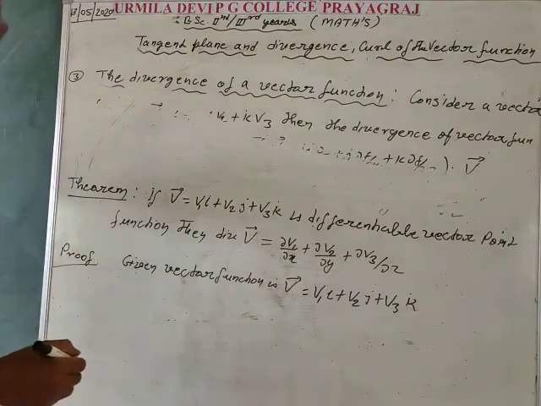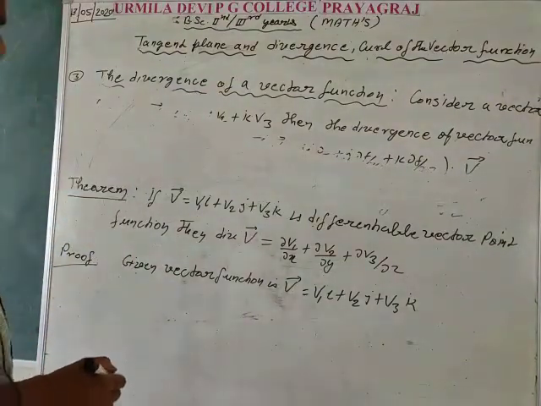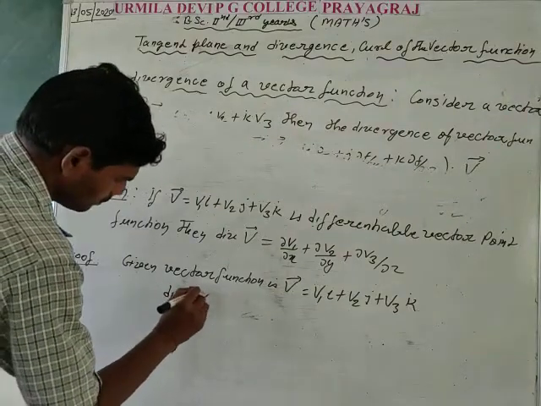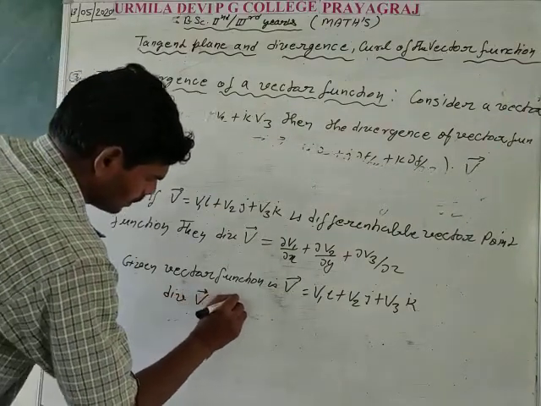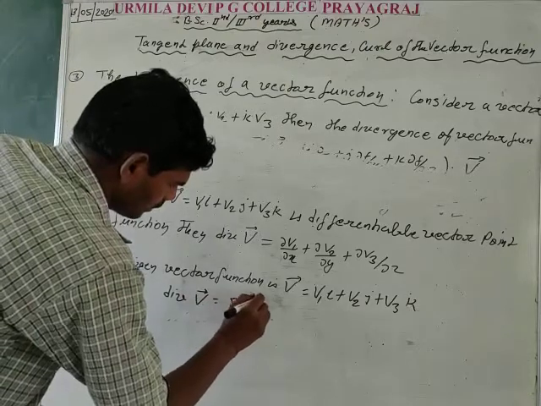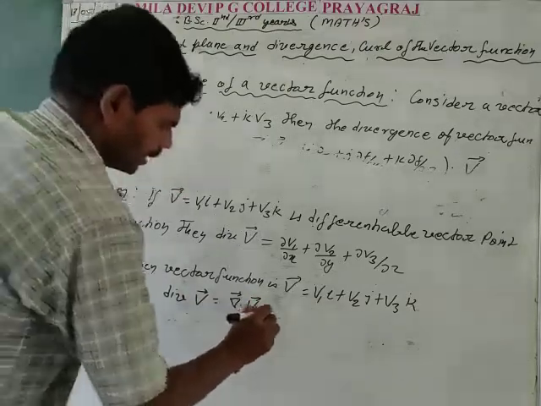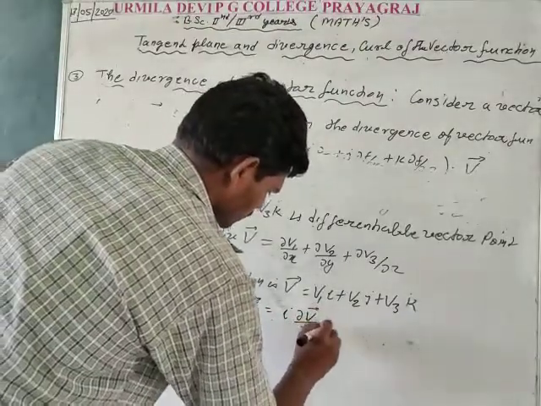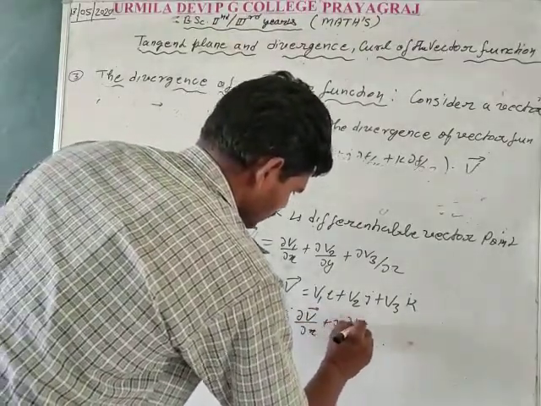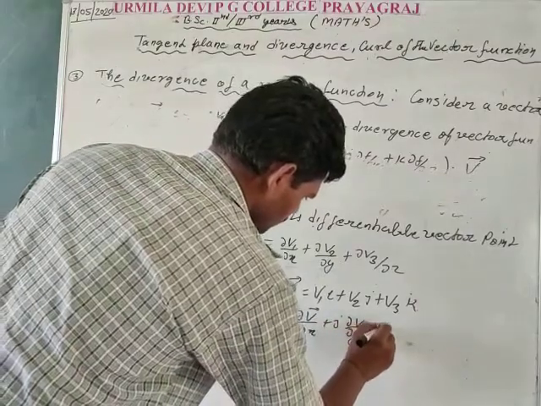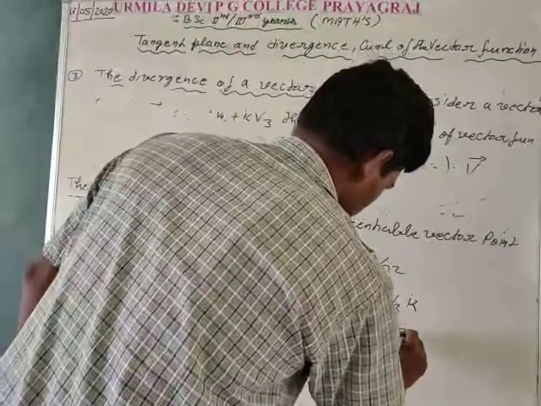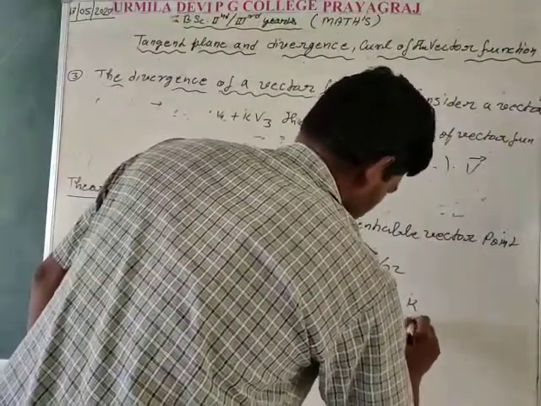So by the definition of divergence of vector function, divergence of capital V is equal to del dot V, which is i times del V by del x plus j times del V by del y plus k times del V by del z.